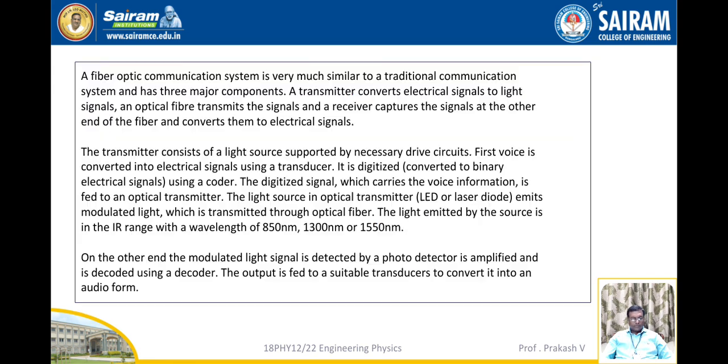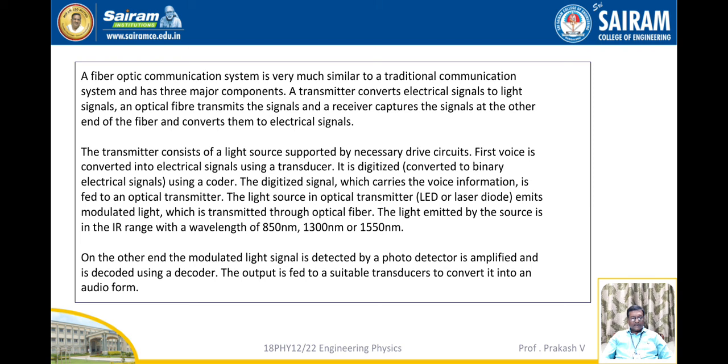Next I am going to explain the working of the point-to-point communication system. A fiber optic communication system is very similar to a traditional communication system and has three major components. A transmitter converts the electrical signal to a light signal. An optical fiber transmits the signal, and a receiver captures the signal at the other end of the fiber and converts it into electrical signals.